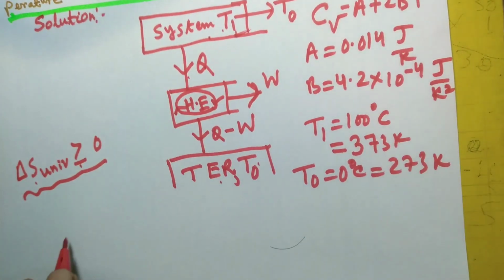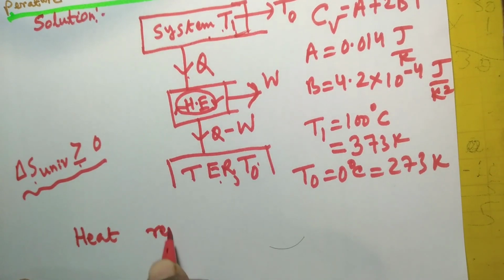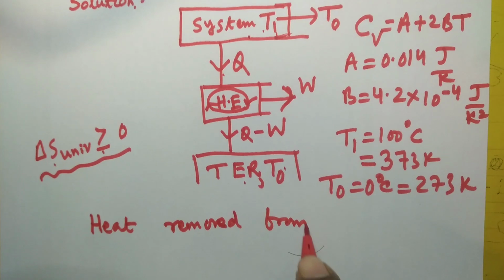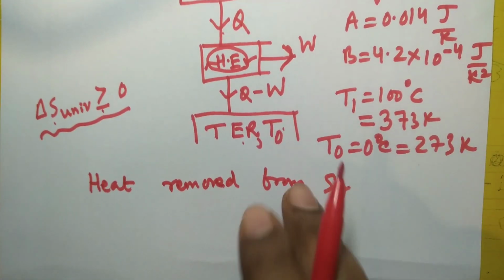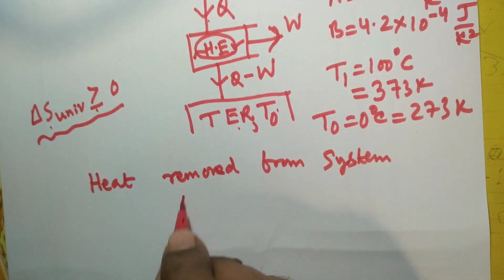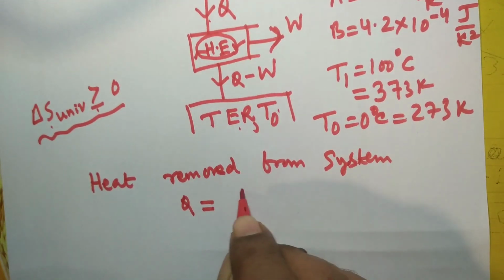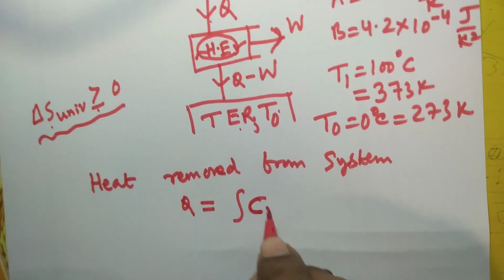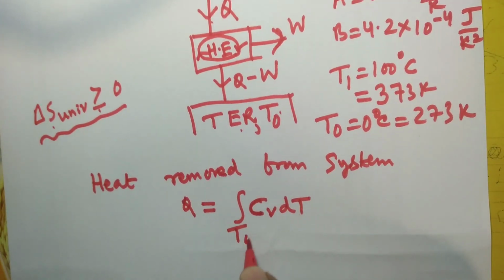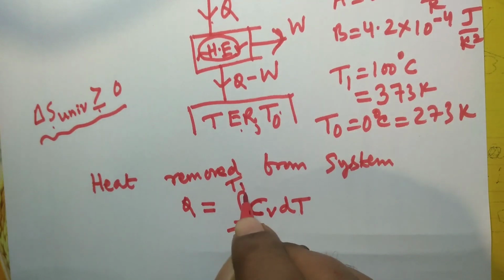So you see, heat removed from system is equal to Q is equal to integral of capital Cv dT. Limit is from T0 to T1.